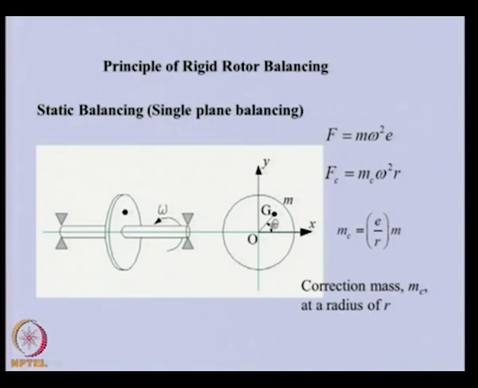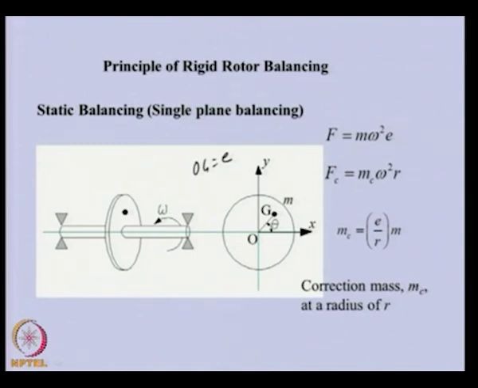The rotor center of gravity is offset by some amount. So, OG is basically the eccentricity. As I told, this distance will be very small, and this gives a centrifugal force of this amount. If we want to correct this unbalance of the rotor, we need to put some correction mass mc at a radius, let us say r.